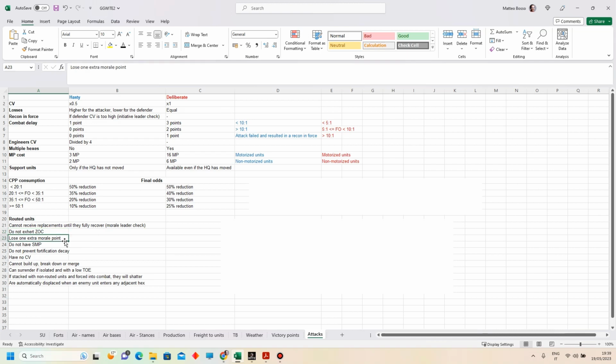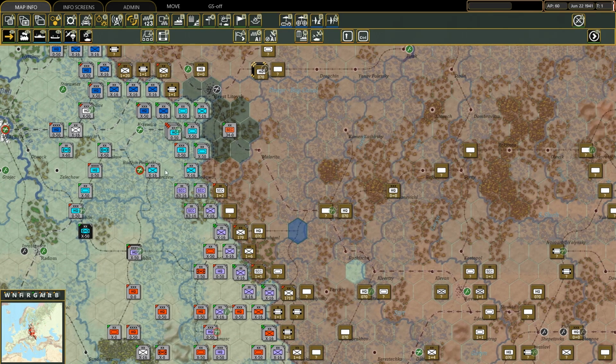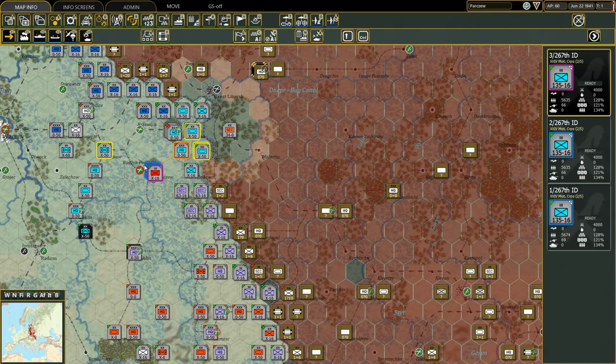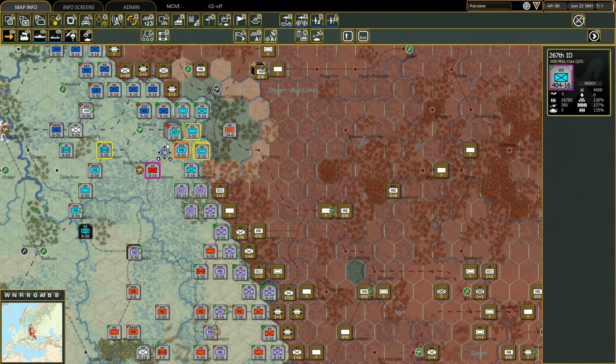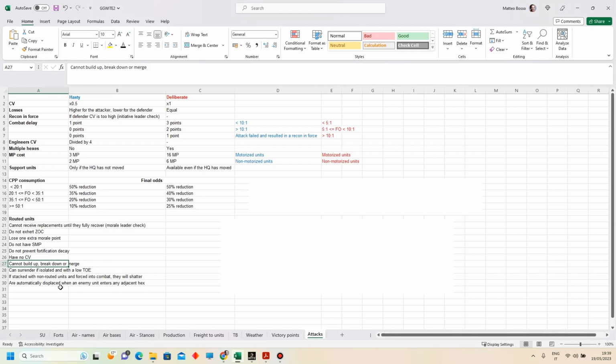They lose one morale point. They don't have SMPs. They do not prevent fortification decay. They have a combat value of 0. They cannot build up, break down, or merge. Build up is when you have a unit like this in regiments and they are all three in the same hex, you can press B and they will build up again into the same parent unit.